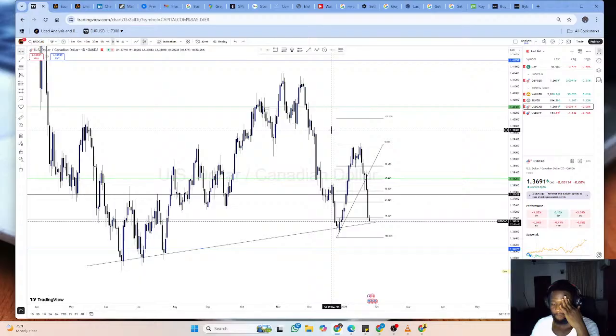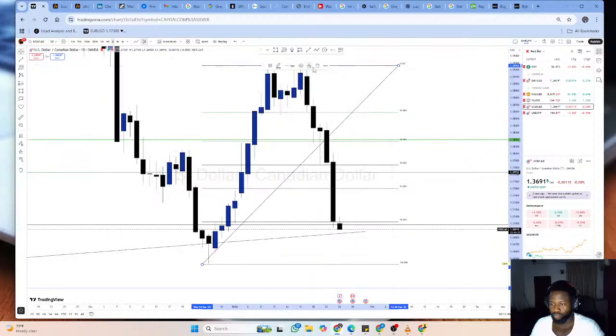So let's see how deep the retracement might go.